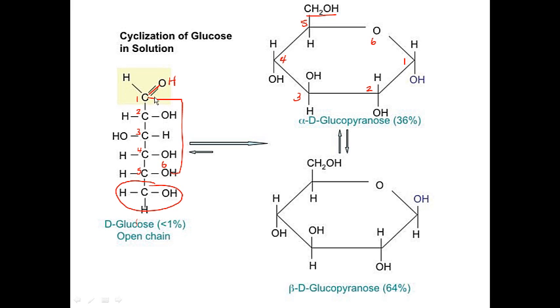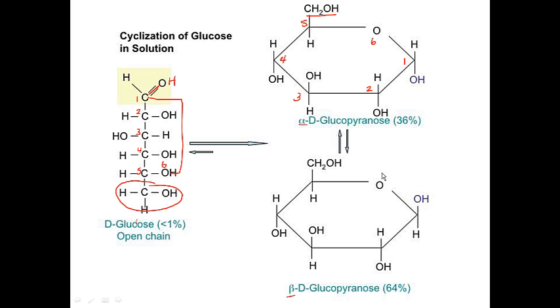So if you start with this form, you can then transpose that into a six-membered ring. And in organic, I'm not going to ask you to get the stereochemistry right. You can learn more about that in your biochemistry or your other biology class. Later on you'll learn the terms alpha and beta.